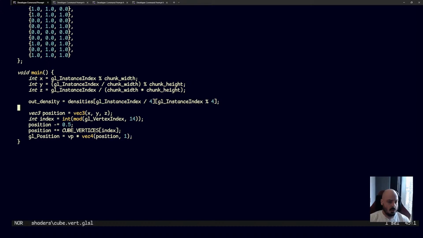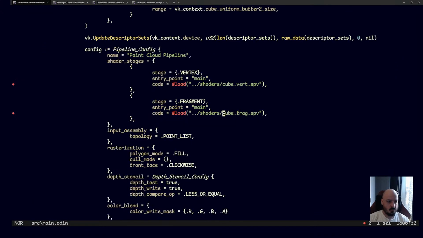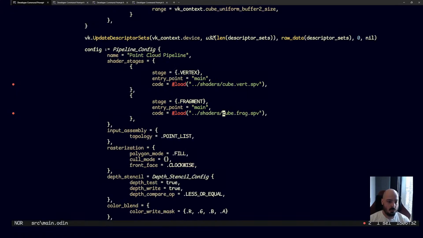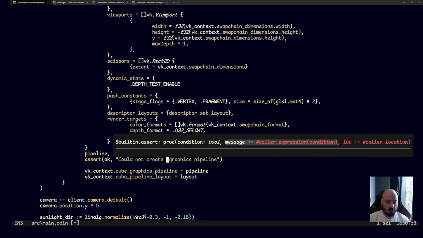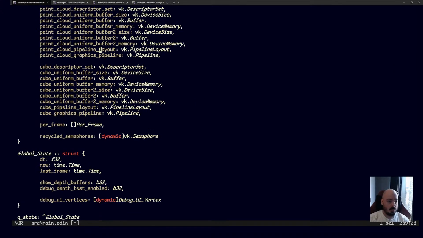Cool. So we're gonna, yeah, we're gonna do 512, or however many it is, instances of 14 vertices. Yeah, that's right. Let's see, did that build? Okay, the cube shader's built. So now I've got to go down to where we call the, not this cube graphics pipeline.